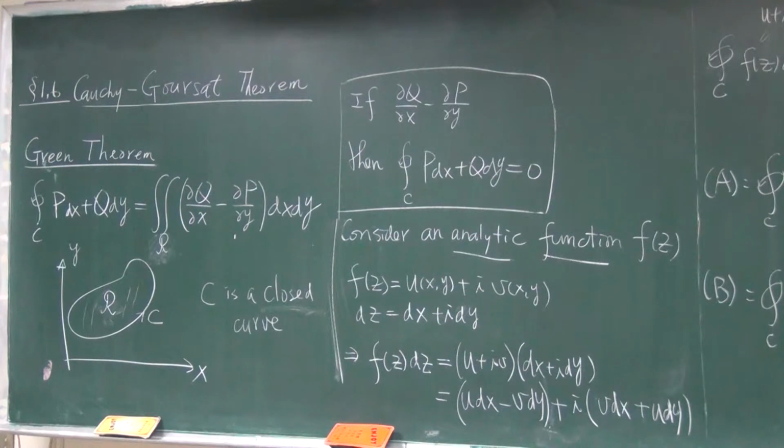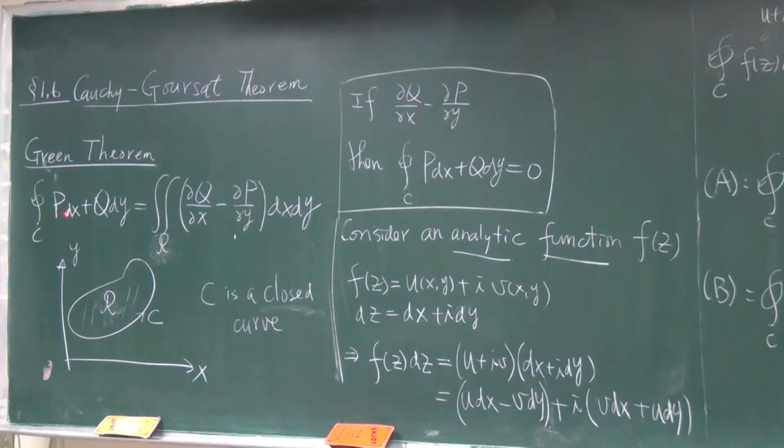According to the Green theorem, we do not prove this theorem here, because it is an undergraduate level theorem, so we don't give you the detail here. You should pick it up by yourself. The Green theorem tells us that P dx plus Q dy integrated over the closed curve will be equal to the two-dimensional area integration.